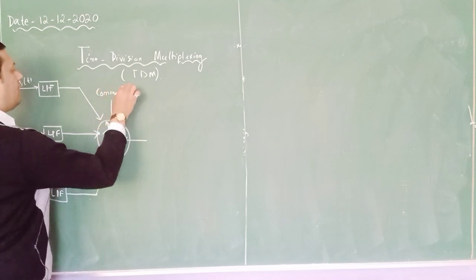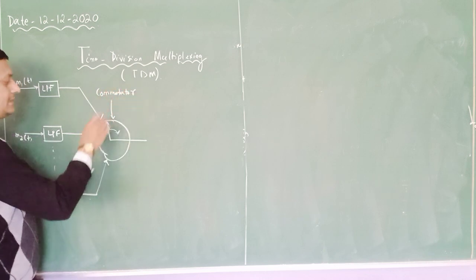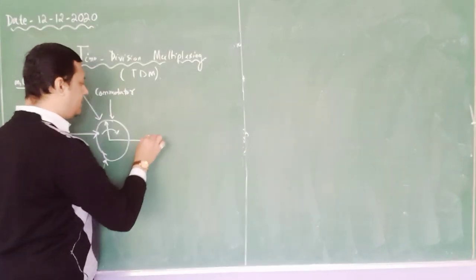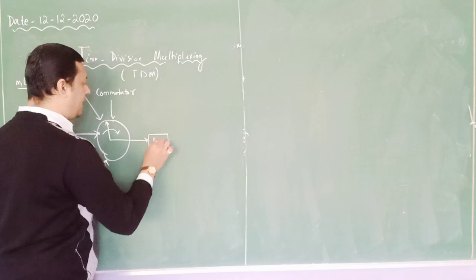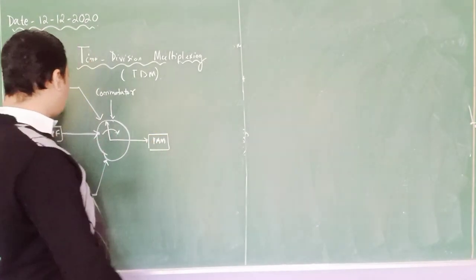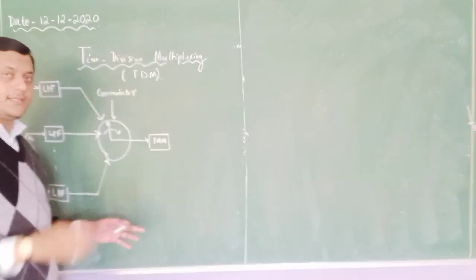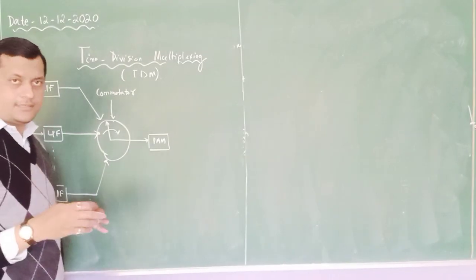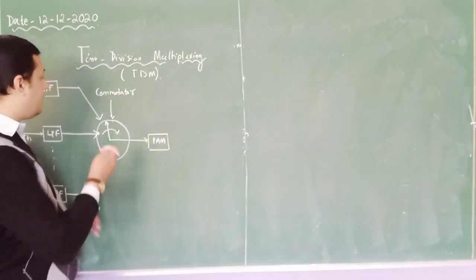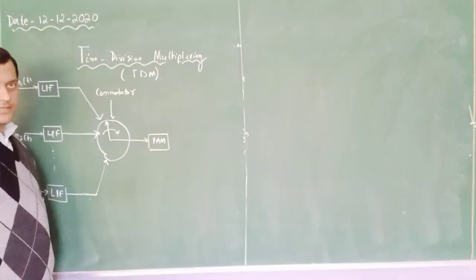Commutator means it will combine the received signals, and that too we have to represent through a pulse amplitude modulator, PAM signal, because these all are continuous signals. We need to represent them in certain pulses for a fixed duration. Who will do this PAM, and how is it decided? With the help of this particular sampler.